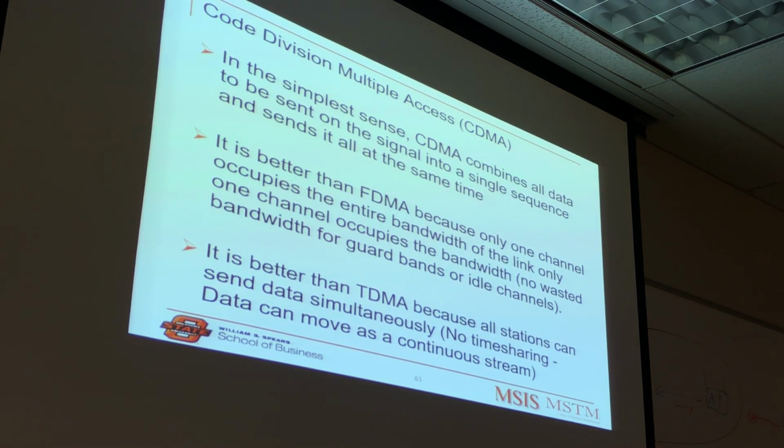CDMA, again, uses a chip code. When you first power on your cell phone and it connects to the station, you are given a chip code, a unique code of ones and zeros, and every time you transmit a 1 or 0 digital bit, you multiply it with the chip code.